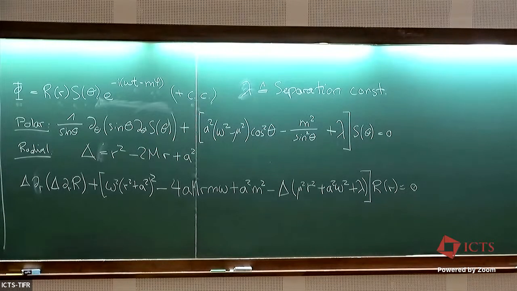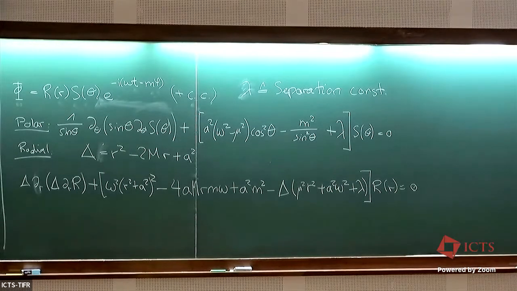Okay, so what have we achieved so far? We have been looking at this seemingly intractable equation, a second order PDE, and found that it doesn't really depend on time and phi explicitly, and even further, the radial and the polar dependencies add up as opposed to multiply.